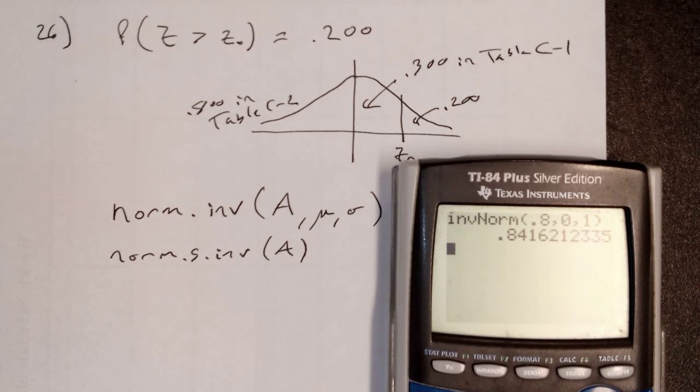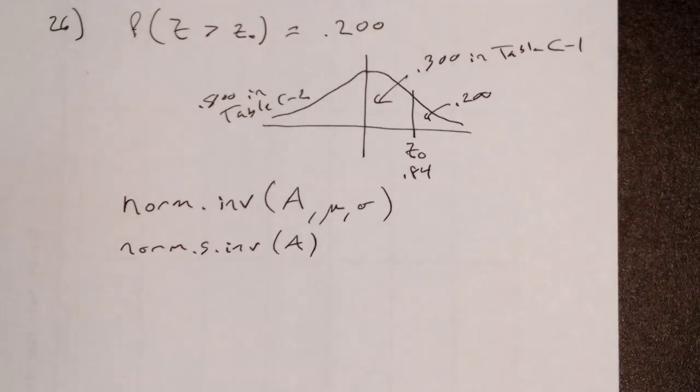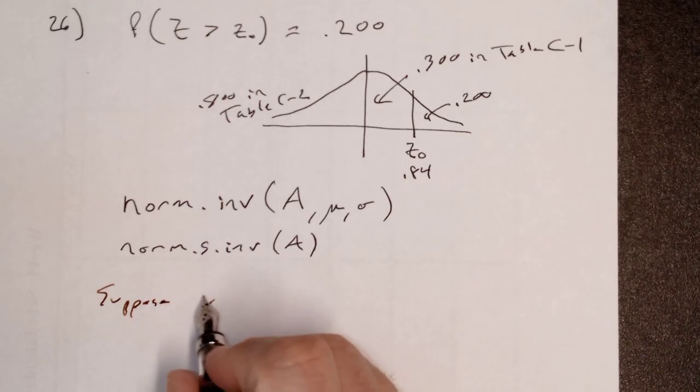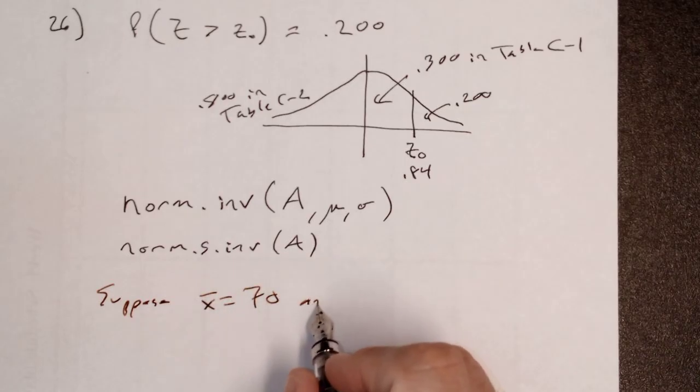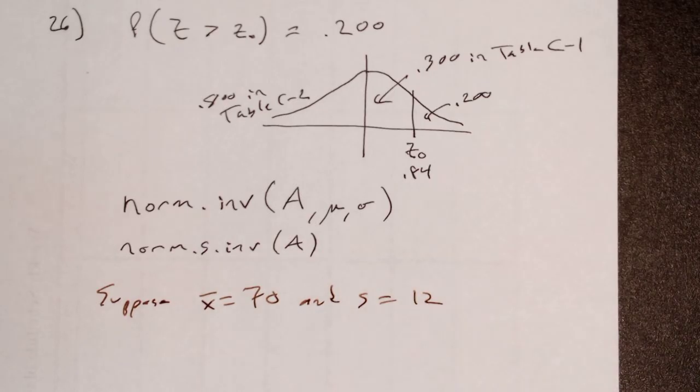And the standard deviation was a 12. I have literally pulled those numbers out of thin air. What's the cutoff score for being nationally recognized?